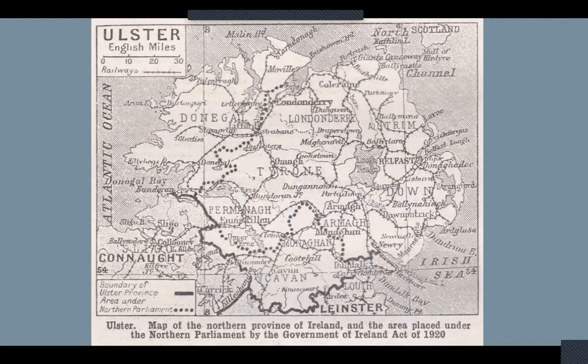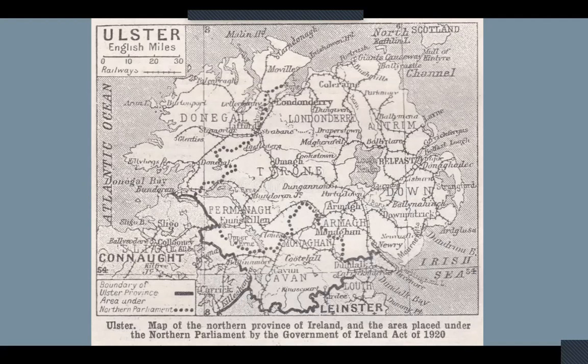You can see that the dotted line is much less pronounced than the actual one. Now, you often hear Ulster and Northern Ireland mixed up together as though they mean the same thing. They don't actually mean the same thing.